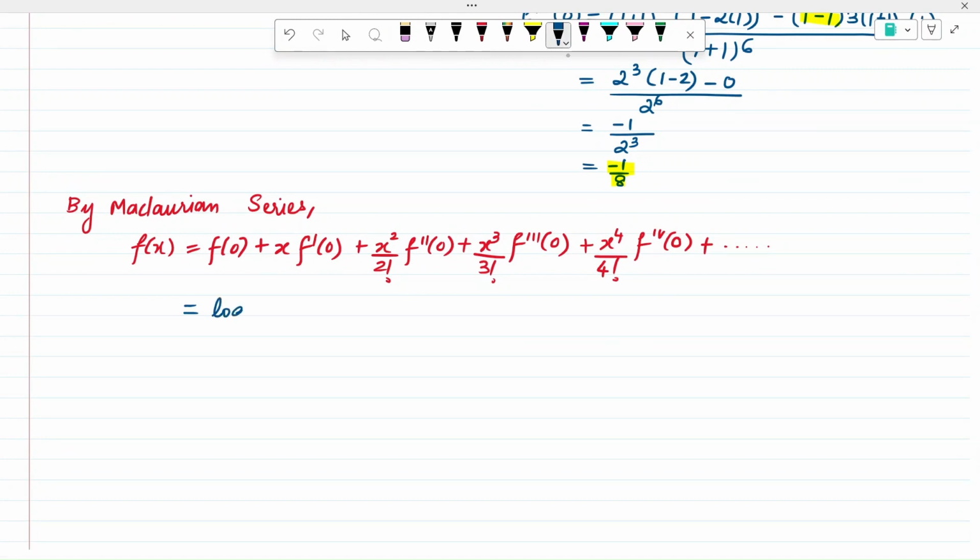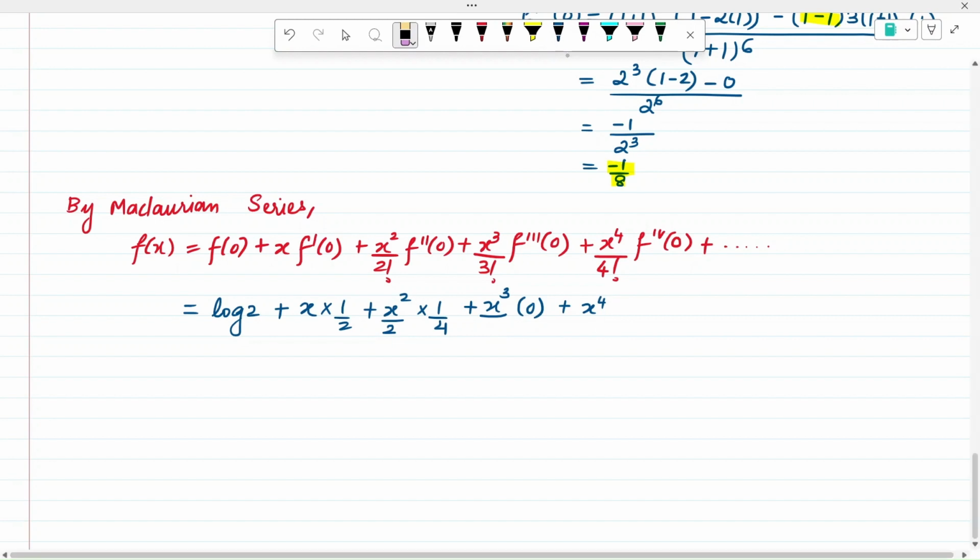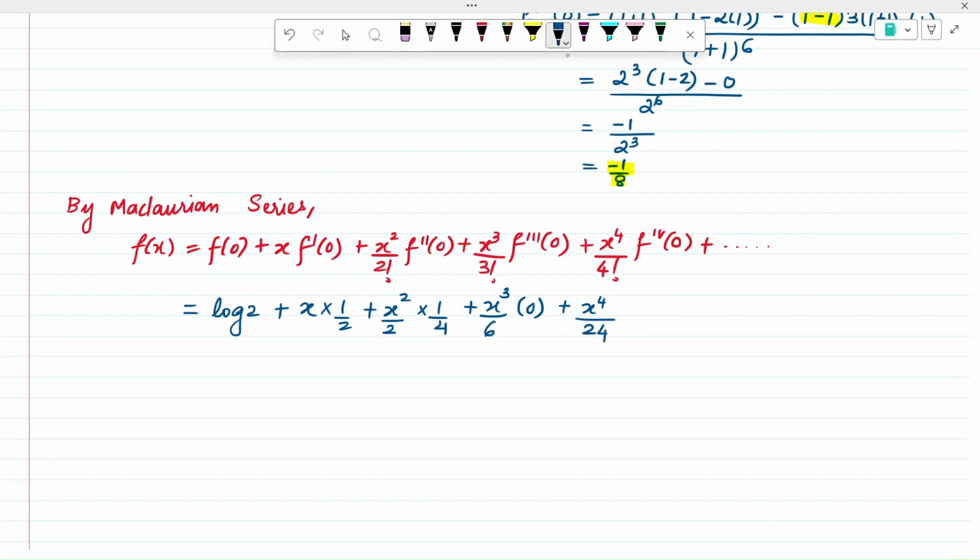So first value log 2, x times f dash, where we had 1 by 2, x square by 2 factorial, meaning 2, and f double dash was 1 by 4, triple dash was 0, and x raised to 4 upon 4 factorial. Let's replace 3 factorial with 6. 4 factorial is 24, and here we have negative 1 by 8, and this goes on.